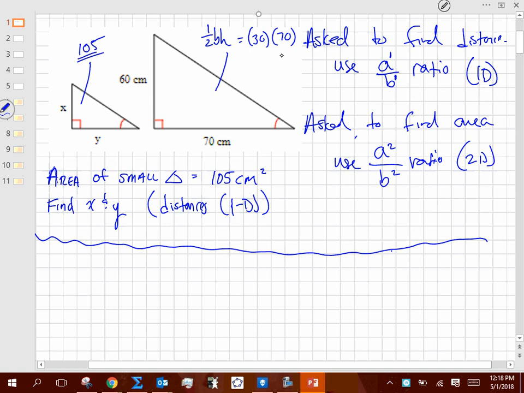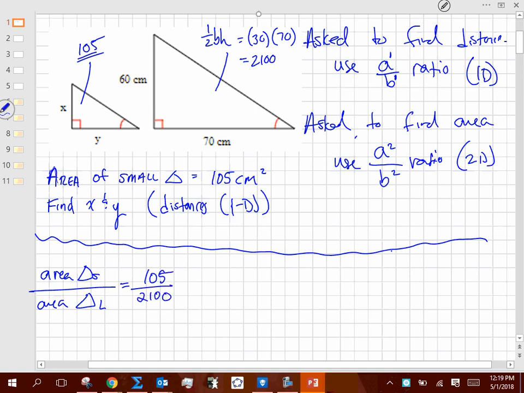Half of 60 is 30. So is that 2100? Now do you know an area divided by an area? I say area of the small triangle divided by the area of the large triangle. Okay, that becomes 105 divided by 2100.